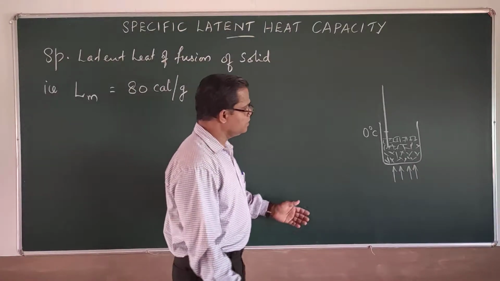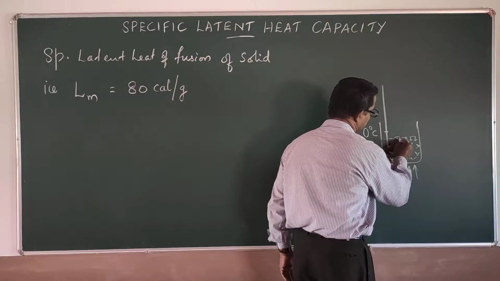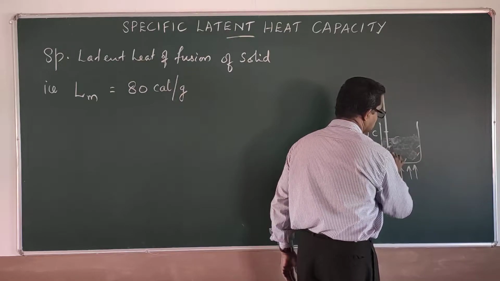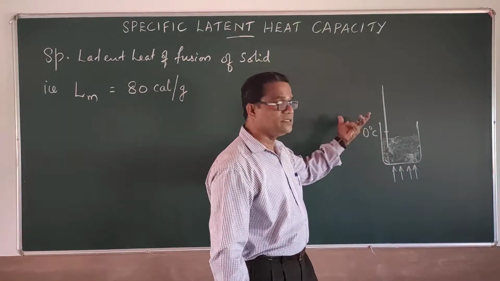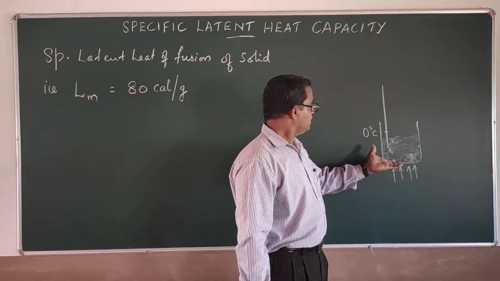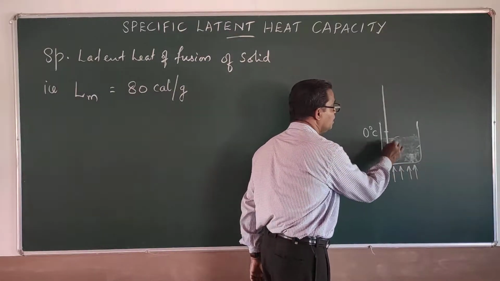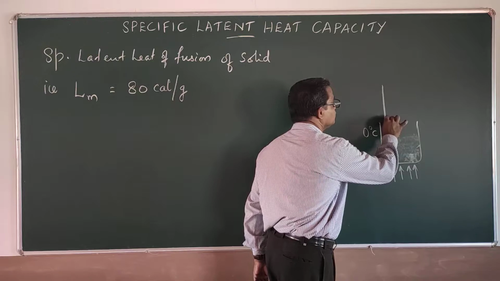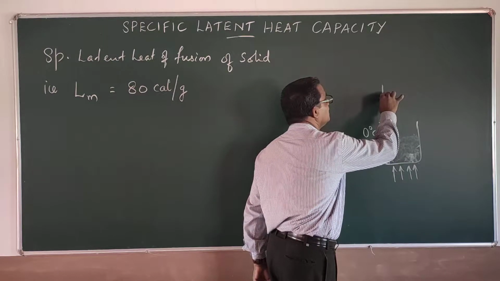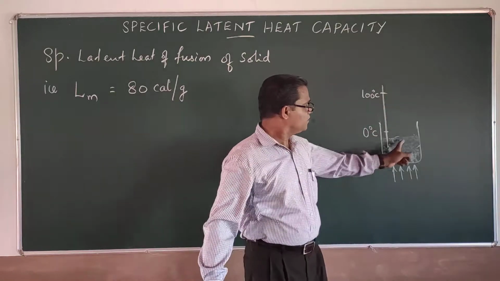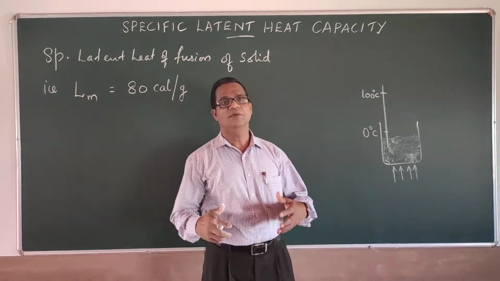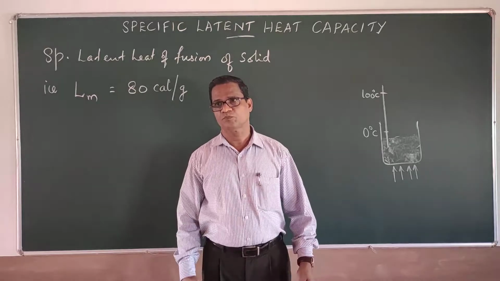Now, as I go on heating this converted water, ice is now fully converted into water. As water gets heated, the thermometer reading goes on increasing, and it reaches 100 degrees Celsius. By then, the water in the beaker starts boiling.